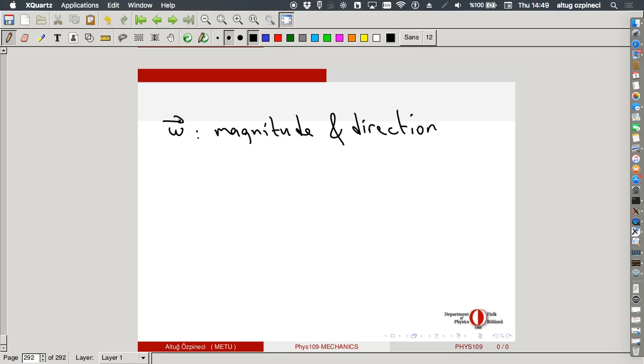We have to choose one direction for the angular velocity. And the direction for the angular velocity we usually choose by what we call the right-hand rule. Take your right hand. If you are lucky, if you are not left-handed like me, wrap your fingers around the rotation direction of the wheel. This is your thumb. This is the direction of the angular velocity vector.